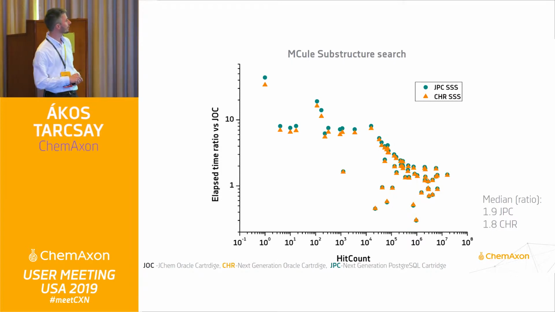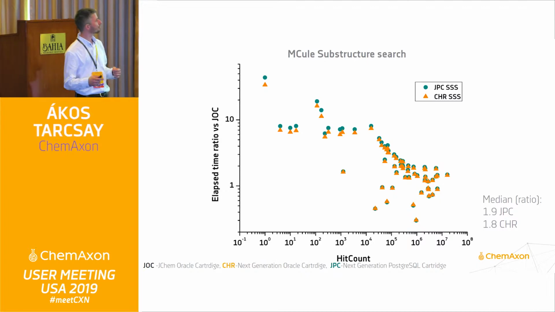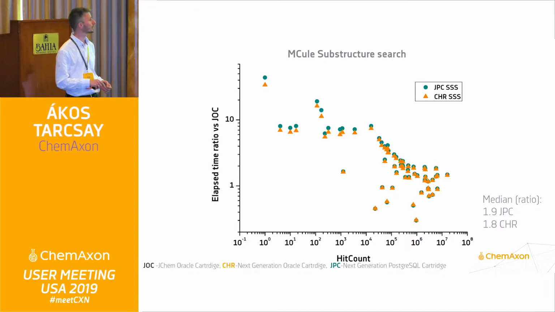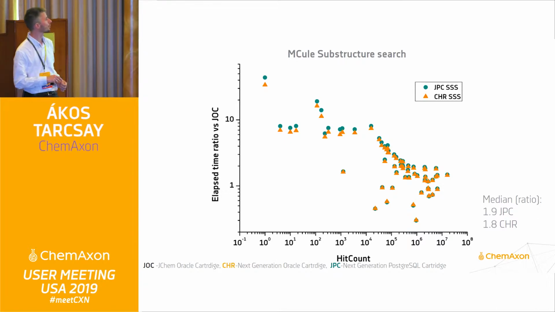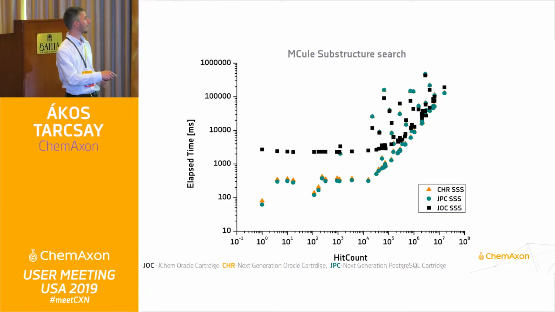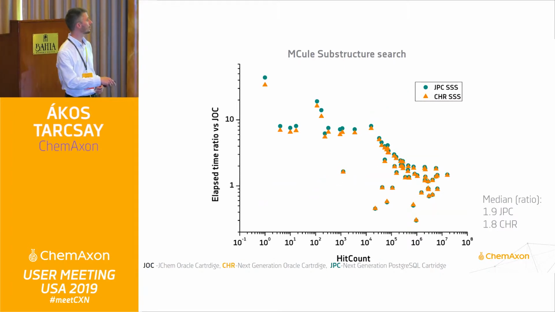When we divided the speed of the Oracle cartridge by that of the PostgreSQL or the Coral, this is the ratio, as you could see. So this region will have a high ratio and the other one will be low.